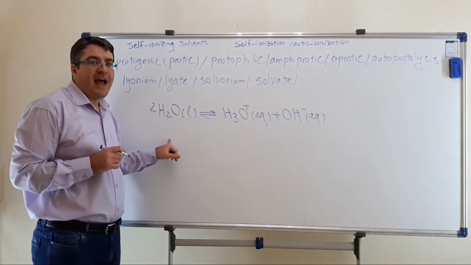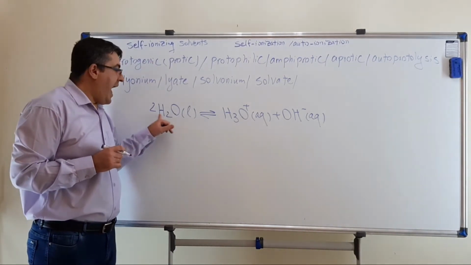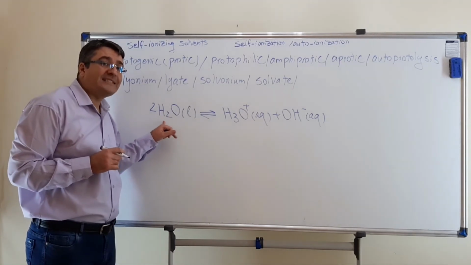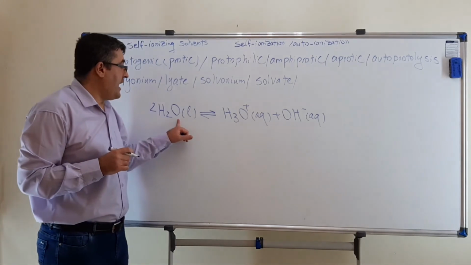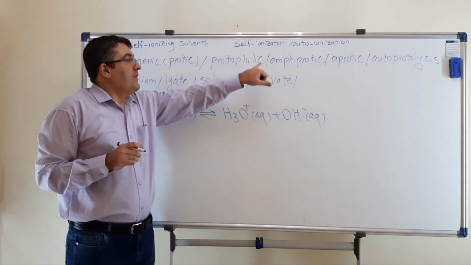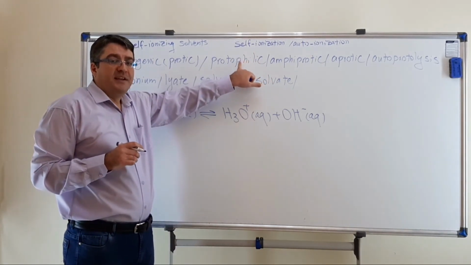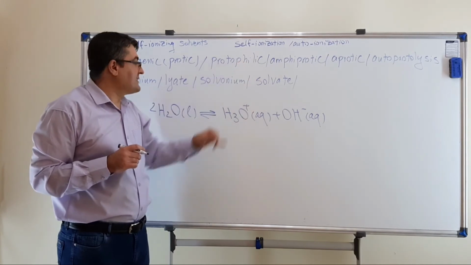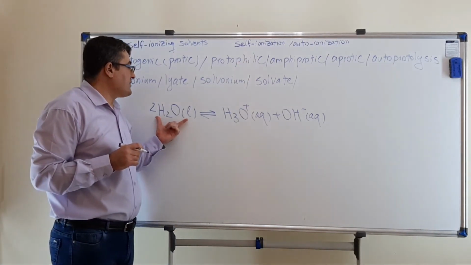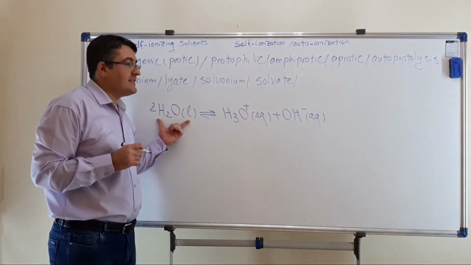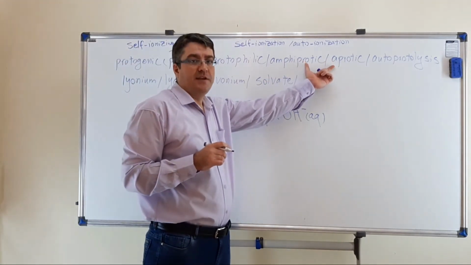It can act as a proton donor. Another water molecule accepts that H+ and becomes hydronium ion. So here, water acts as a proton acceptor. It is protophilic. And since water possesses characteristics of both Brønsted acids and bases, it is amphiprotic.